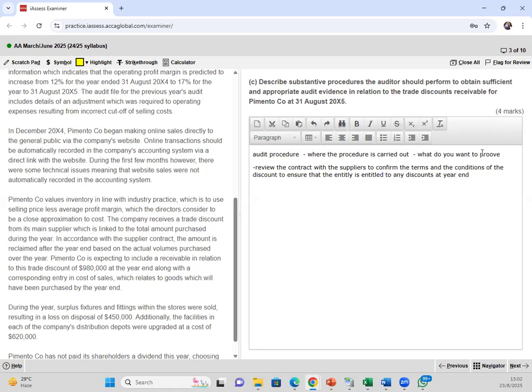What can happen here is we can have a case where they are lying. In terms of the assertion, the assertion we're looking at is more like ownership. Are they entitled to any discount? Did they enter into an agreement, or are they claiming a discount that they are not entitled to? Do they have any rights over the discount? So that's what we'll be testing. The procedure is to review the contract with the suppliers.